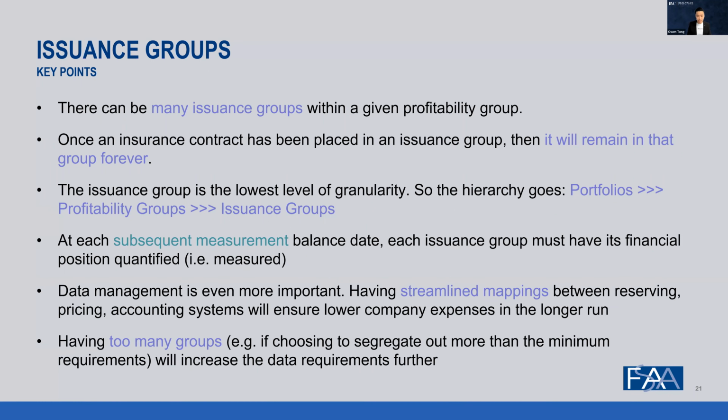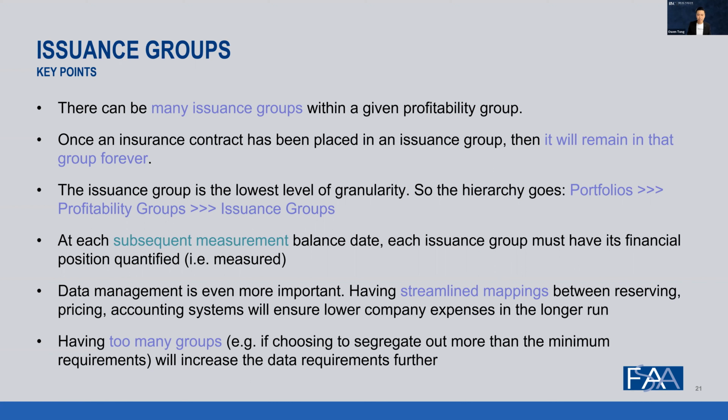Data management is even more important here, because think about all your reporting before IFRS 17, how many ad hoc adjustments you had to make when you didn't have to manage all of these groupings. Now with IFRS 17, you have to sort them into portfolios, profitability groups and issuance groups. You need to have a streamlined process for the data management. If you don't, it could result in a significant amount of effort and also errors over time.